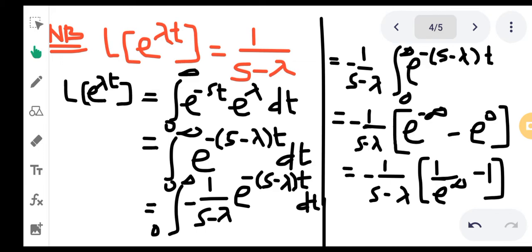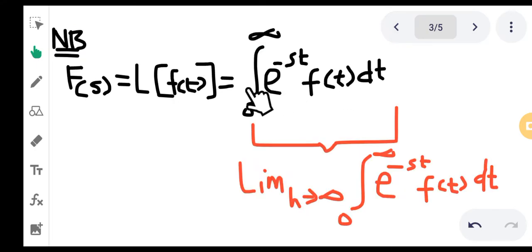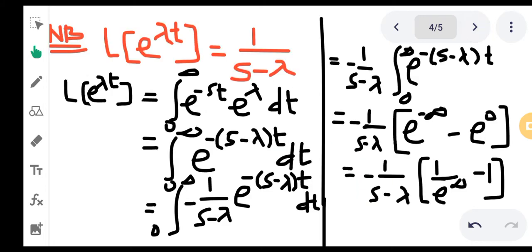We take the integral from 0 to infinity, then the e exponent minus st, which is the rule for the Laplace transformation. Here the f of t is the function within it, that's e exponent lambda t.